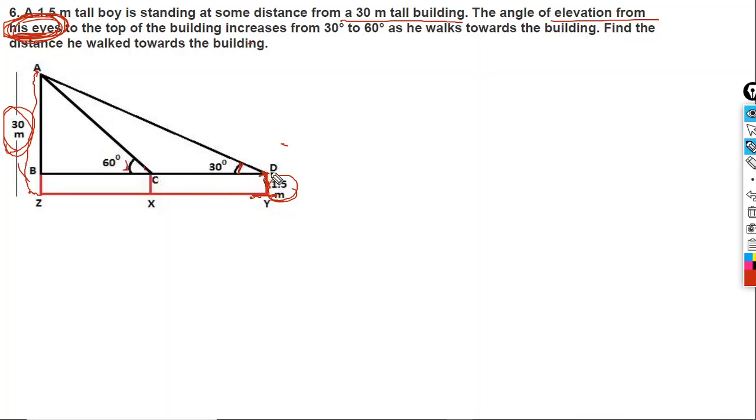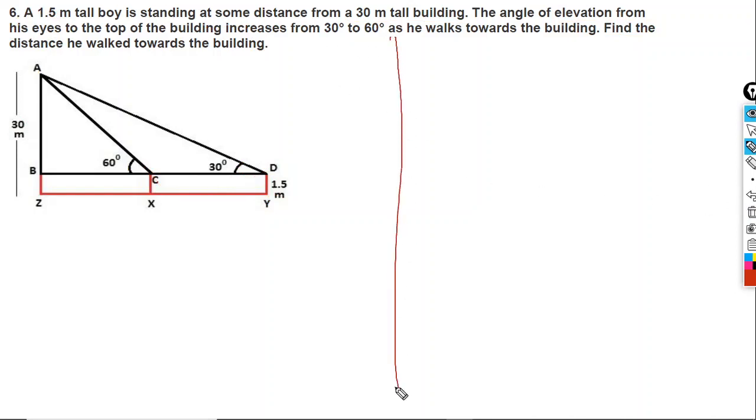That means the boy has moved from point D to point C. Now find the distance he walked towards the building. That means you have to find the length of CD. What you need is the length of CD. So what is given here? Just write what is given.